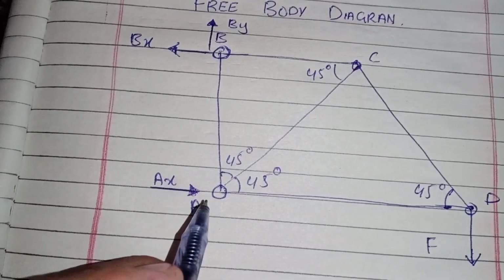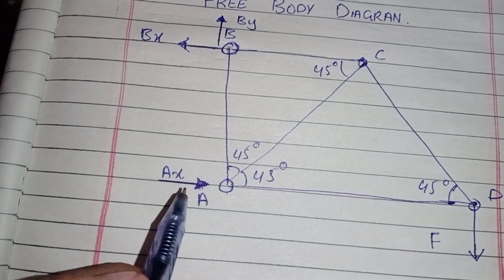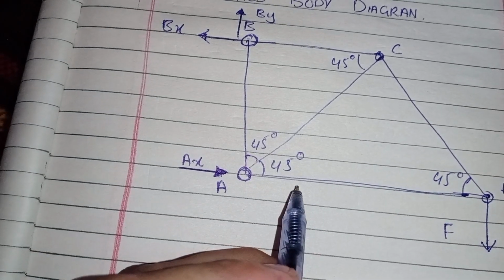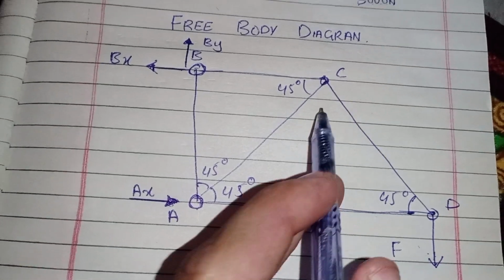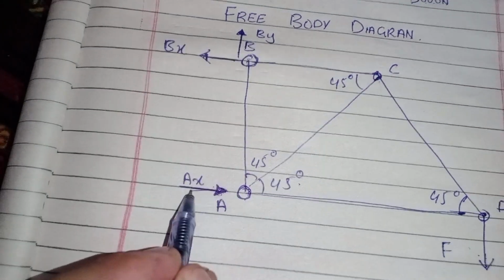In the free body diagram you have to point out the supports and the load, showing them by lines like these points. Okay, and this is the reaction force.